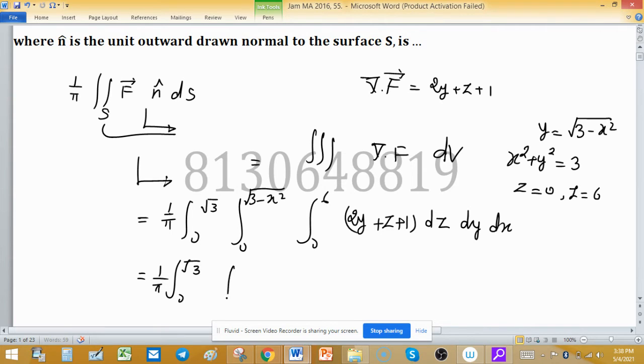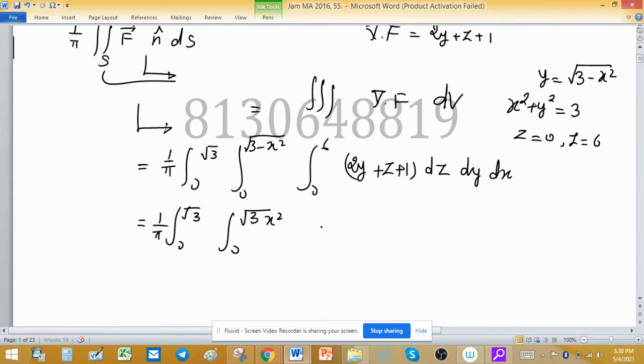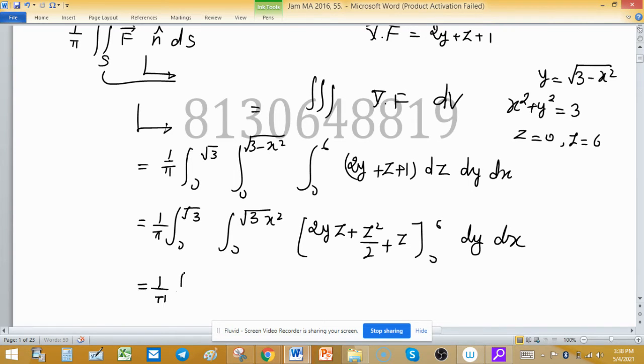Integrating over z, we get 2yz plus z square upon 2 plus z, with limits 0 to 6, and then we integrate with respect to y and then x. This equals 1 upon pi, integral from 0 to root 3 and 0 to square root of 3 minus x square, of 12y plus 18 plus 6, dy dx.